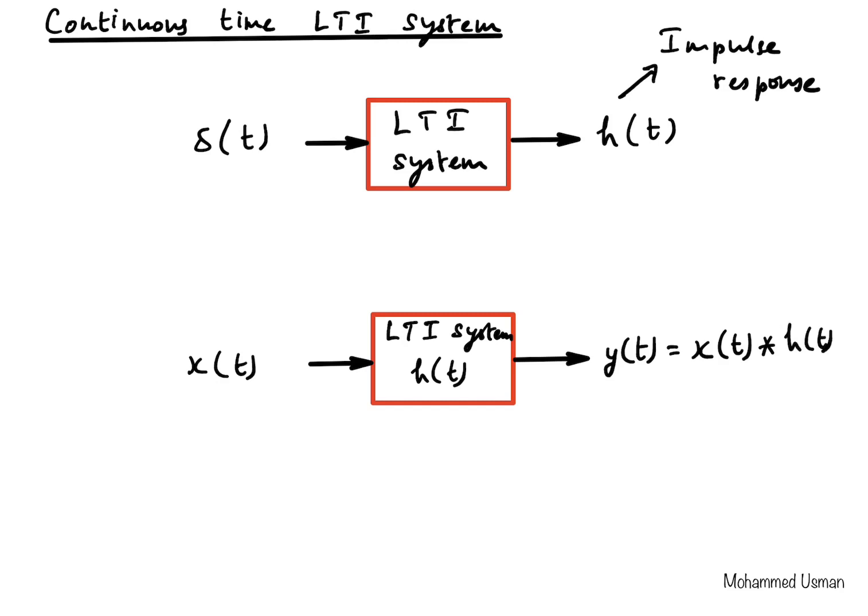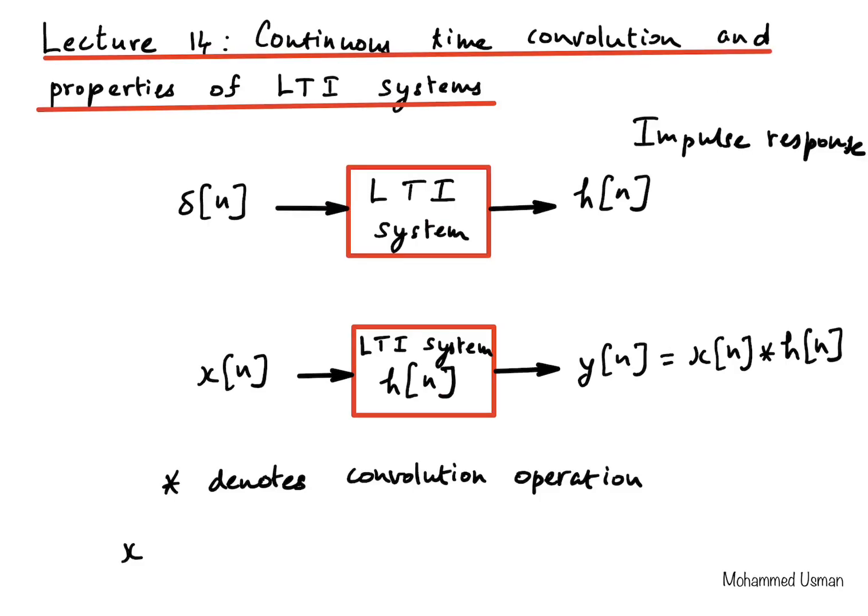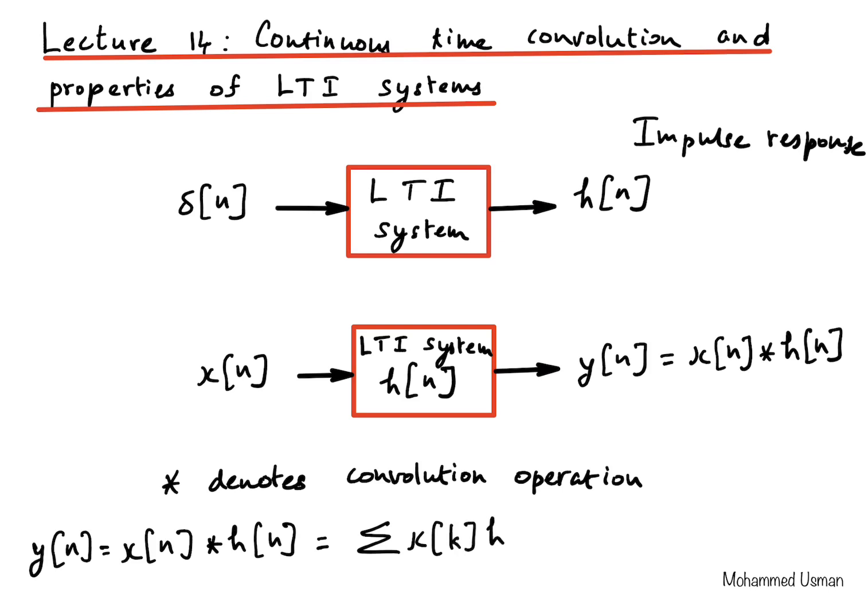Just as we expanded this convolution operation in the discrete case, y of n equals x of n convolved with h of n, which is called the convolution sum: the sum of x of k times h of n minus k for k equals minus infinity to infinity. That's the representation of the convolution operation. Now we have to take this to the continuous time case.